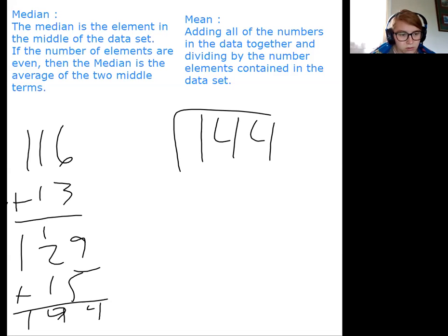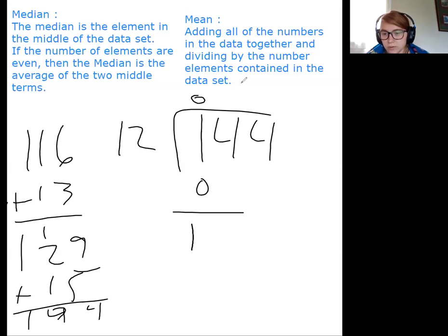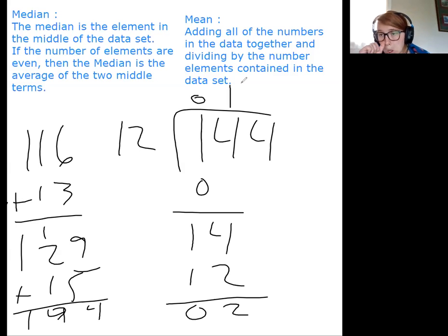1, 2, 3, 4, 5, 6, 7, 8, 9, 10, 11, 12. 12 numbers. 12 goes into 1 0 times. 12 times 0 is 0. 1 minus 0 is 1, 14. 12 goes into 14 one time. 12 times 1 is 12. 4 minus 2 is 2.